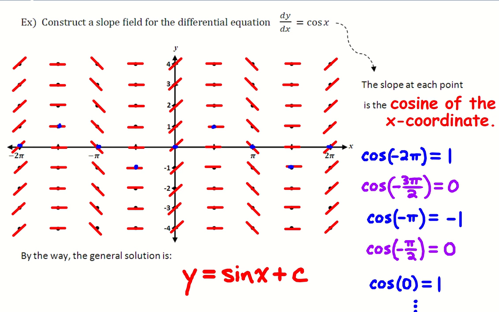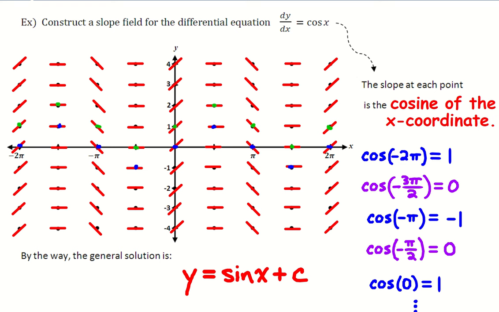And I dare say if your c value was 1, y equals the sine of x plus 1, you could probably attribute all of these to that c equals 1. Huh, pretty cool.